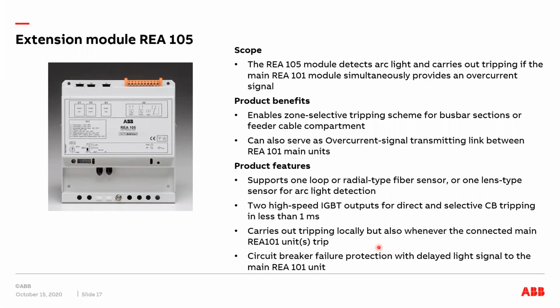So with this model, we can trip separately different busbar sections or feeder cable, or provide this for feeder cable compartments, and then we can selectively trip the outgoing feeders, for example.